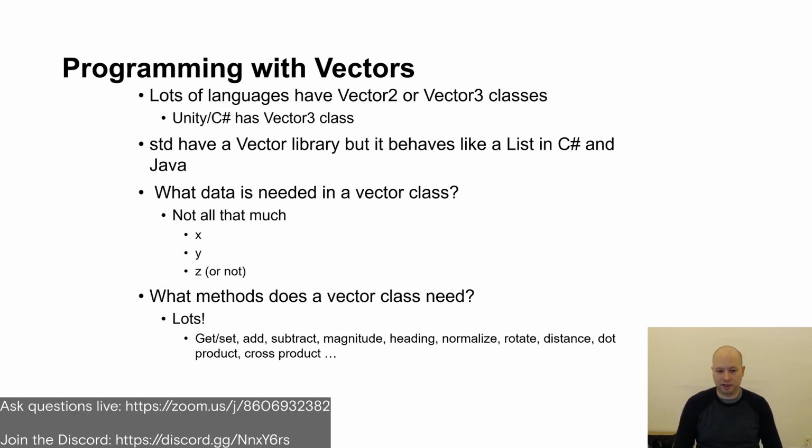It doesn't take much. It's an x, y, and z value. And you can have a lot of functions though, like the dot product, the cross product, rotation, converting it into a quaternion rotation. It's a mess. So you can build them relatively quickly, but they're so varied and used so often that you want to use something like GLM, or IGM is another good toolkit, or just build it yourself is fine as well.